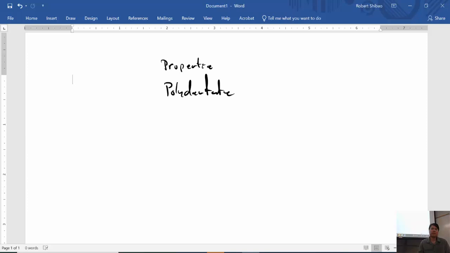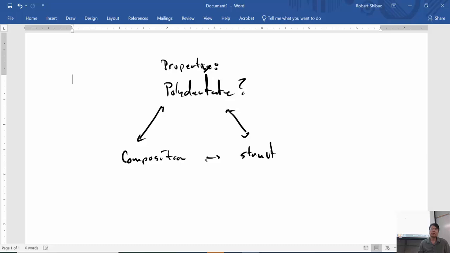If we're interested in this particular property, is it polydentate? Then what we would like to do is correlate this with what? We try to correlate properties with what? Structure and composition. And so this is the whole point of all this chemical reactions review stuff.